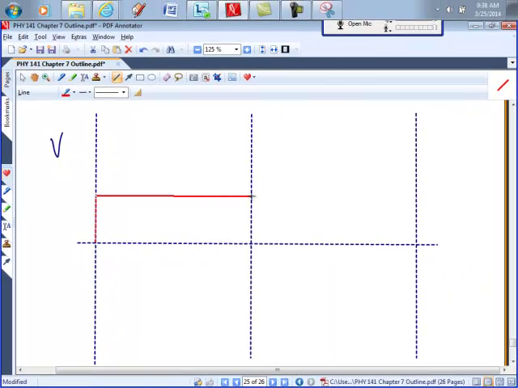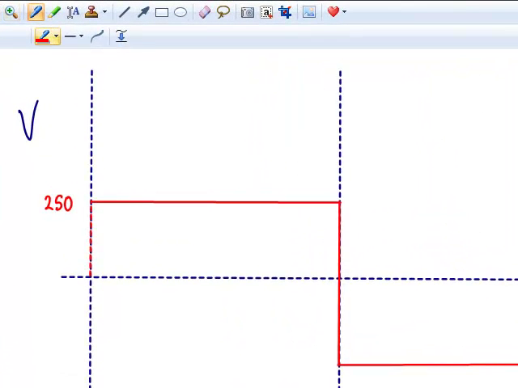Over, down, and back up. Is that newtons or kilonewtons? That was newtons.